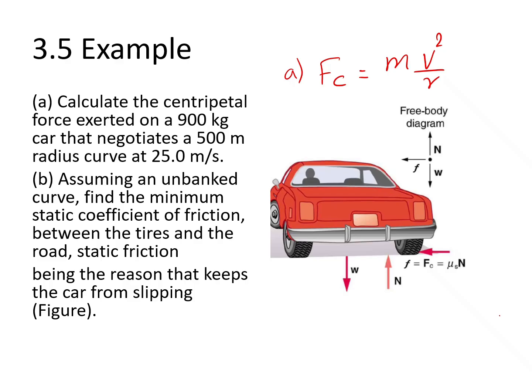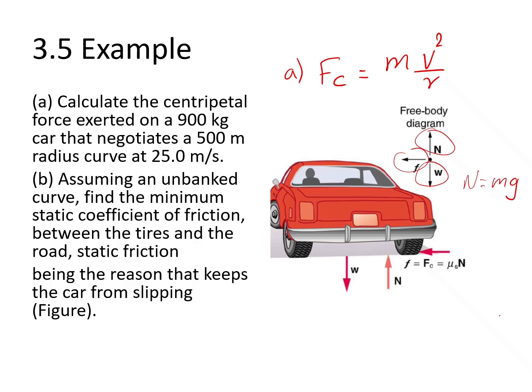The free body diagram shows weight downward, normal force upward, and friction horizontally toward the center of the curve. Since there is no vertical acceleration, the normal force equals mg. Horizontally, static friction provides the centripetal force.